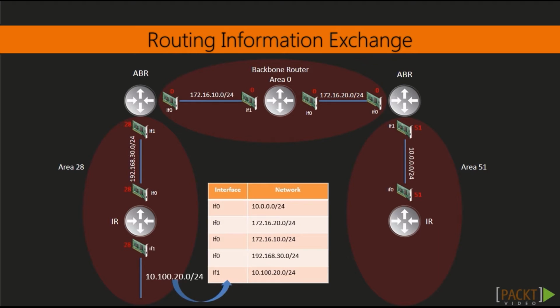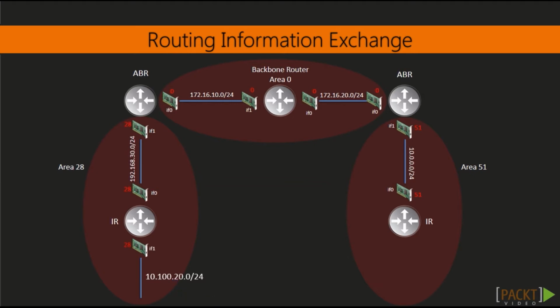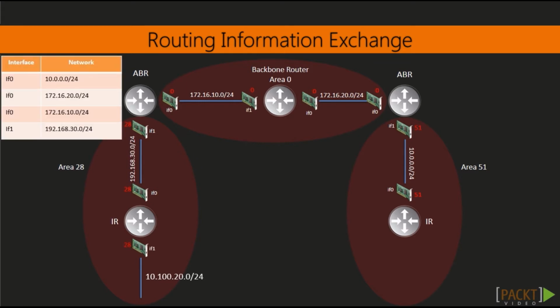After updating the local table saying interface 1 has the network 10.120/24, this piece of information is going to be sent to the other routers. So if we use the ABR on the top left corner of the slide, this is the routing table of the ABR.